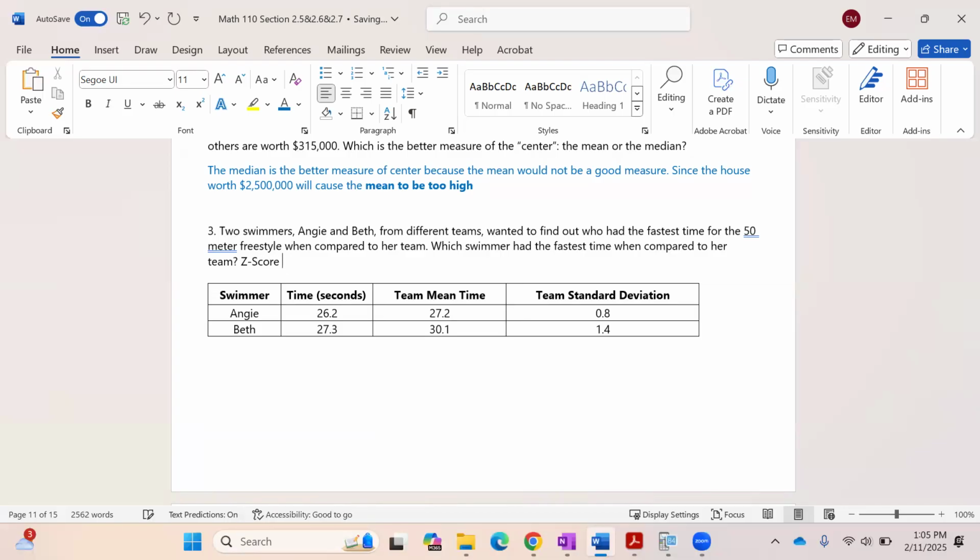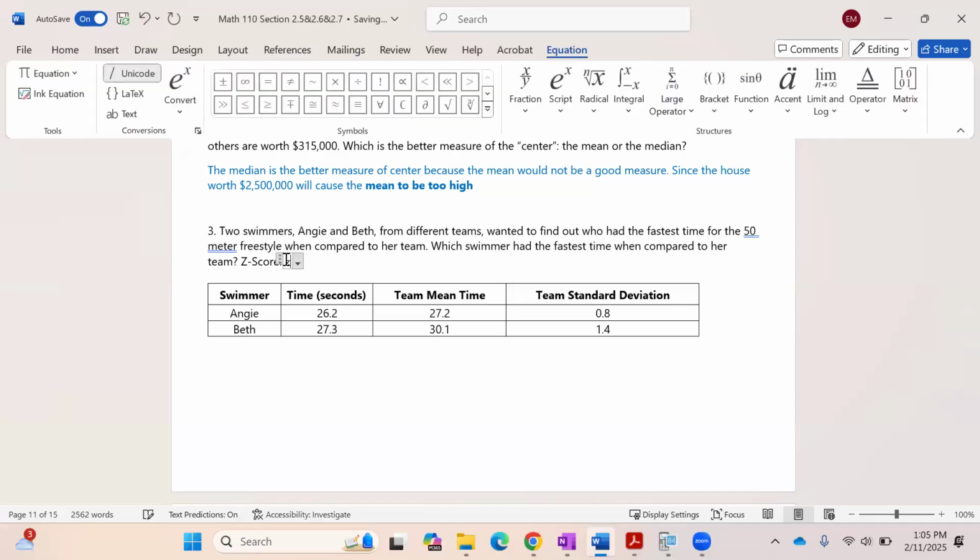And remember that the formula for z-score is z equals x minus the mean, so I'll use that mu, divided by the standard deviation, which is this symbol here.